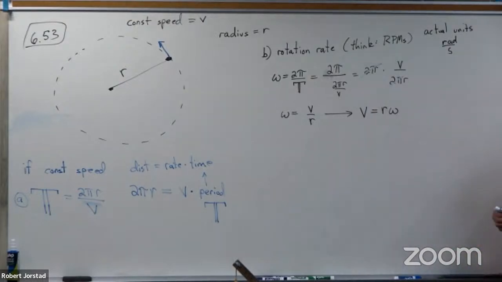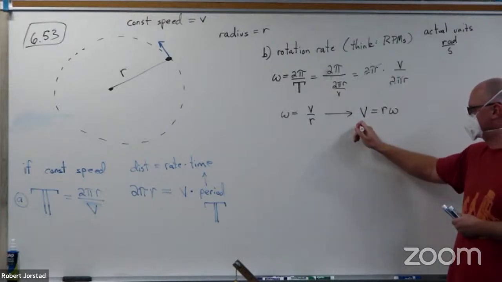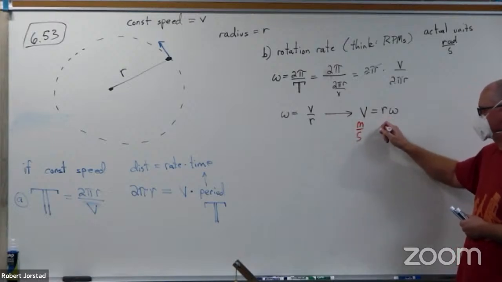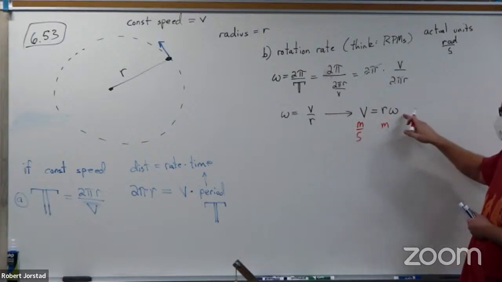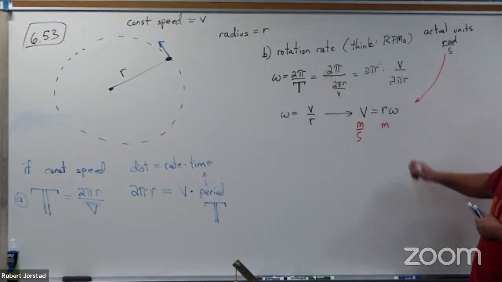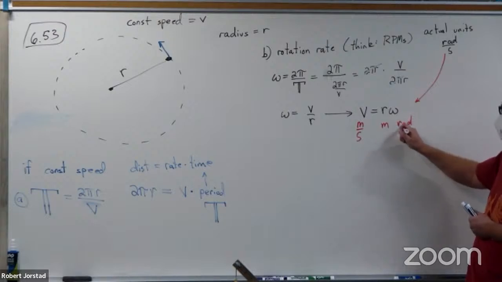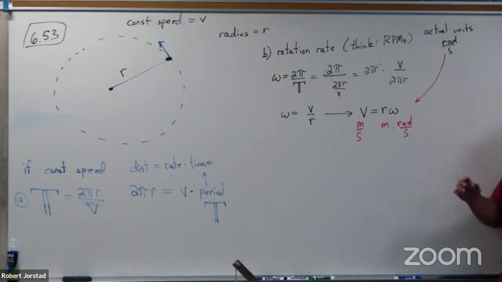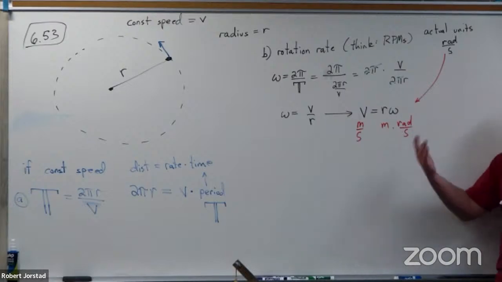Let's check the units really quick. v. Radius. What did we say were the units for this sucker? That's why we have to use radians per second, not RPMs. Radians are unitless. This is why we have to use radians. Does that make sense?